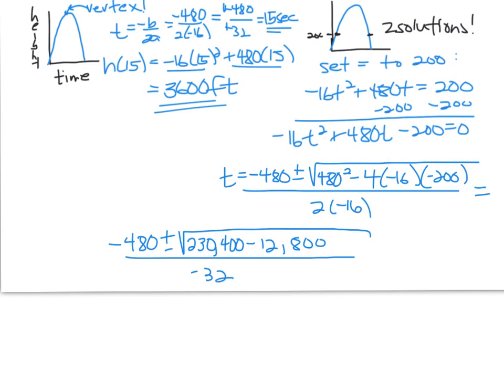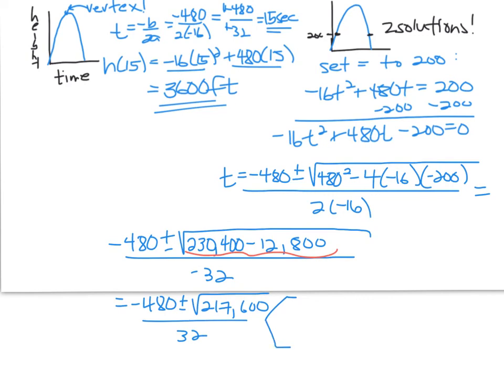The inside now, notice the negative didn't cancel out, so it is still a subtraction problem in there. That gives us negative 480 plus or minus the square root of 217,600 all over 32.